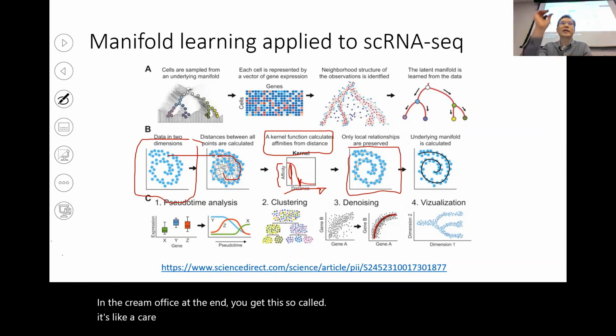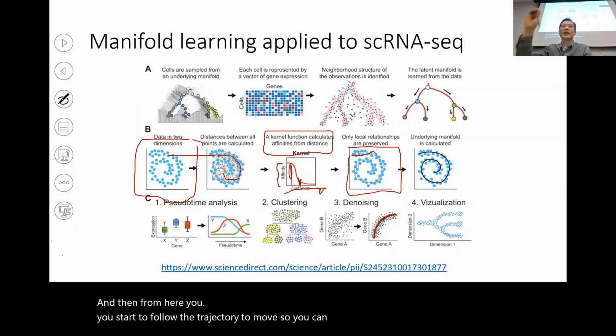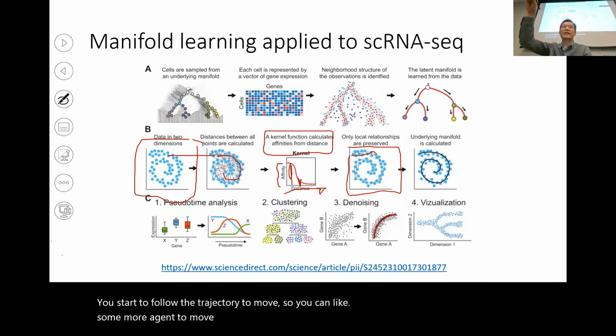Okay, so cells will be linked as neighbors only if the distance is shorter than a certain cutoff. And then from here, you start to follow the trajectory to move. You can think of a small agent moving from one cell to another, but it has to follow the path.